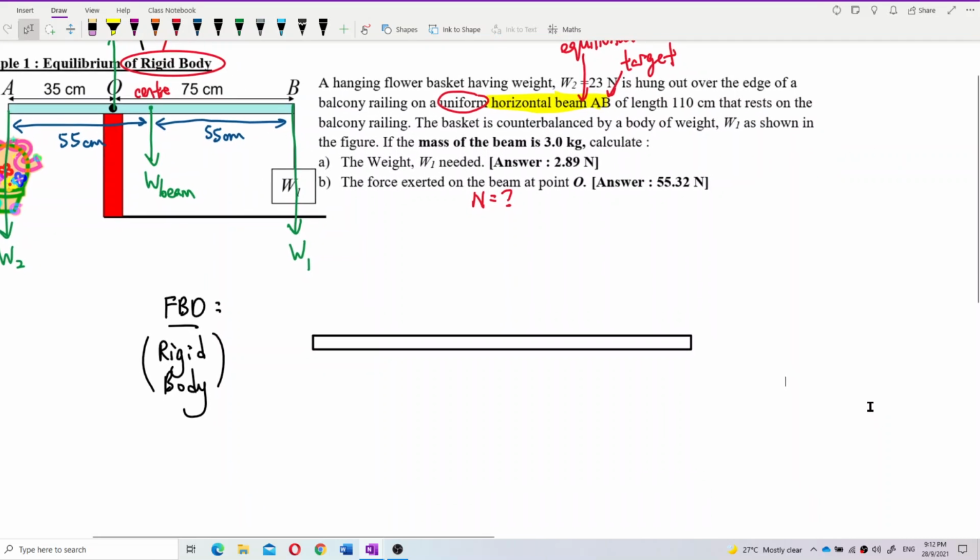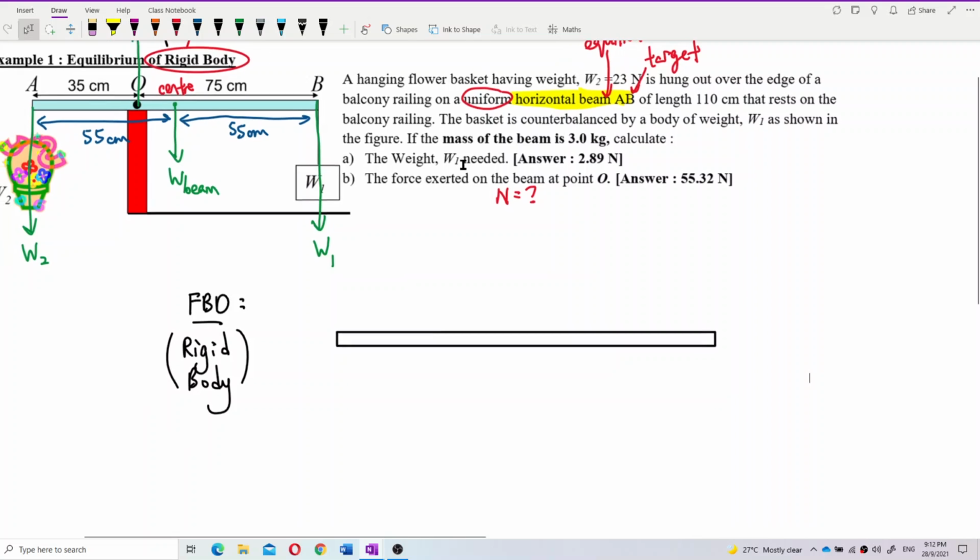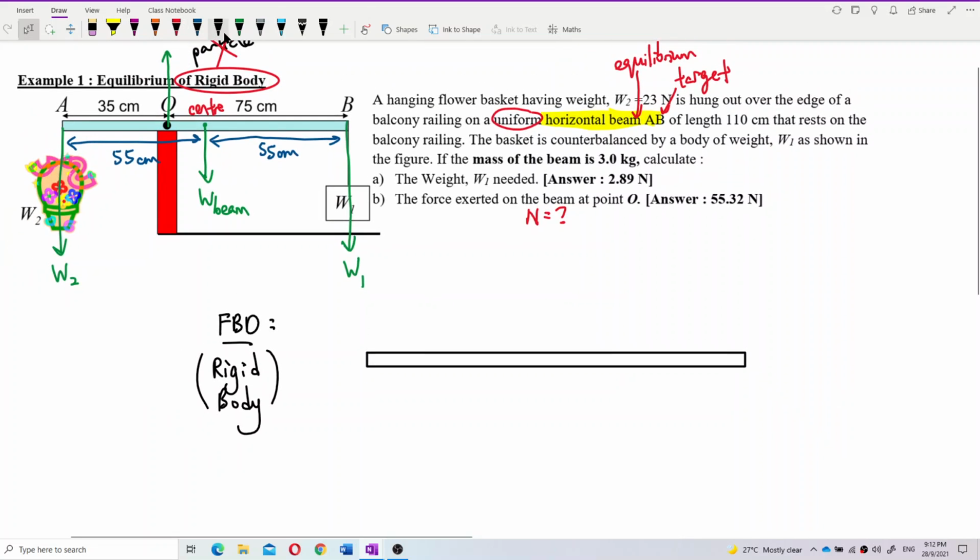Okay, and then what do you do? Write the points there. So here is a point A, here is a point B, and here is a point O. Okay, actually here there is a support. We can say this is like a fulcrum.